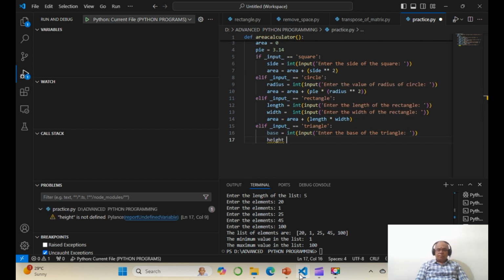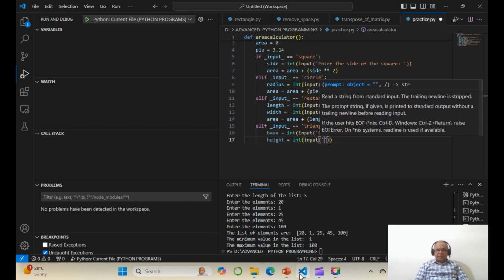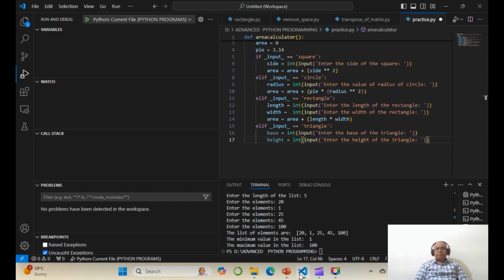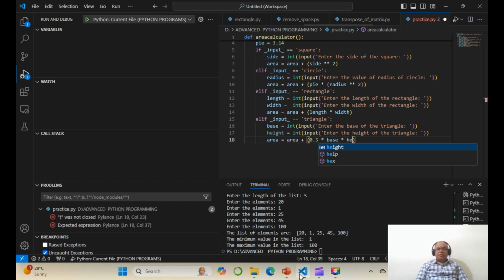Height equals int input, enter the height of the triangle. Then area equals area plus 0.5 star base star height.